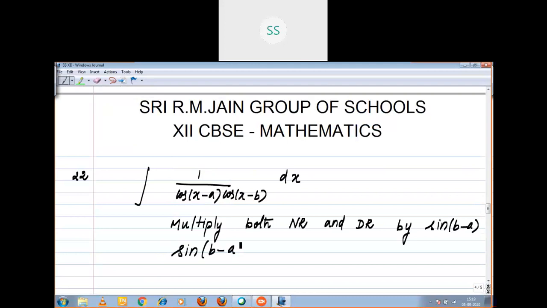You see, using the denominator, sine of x minus b, x minus a, minus sine of x minus... I wrote the identity: sine of x minus a minus x minus b. Got it? Using the denominator, right?